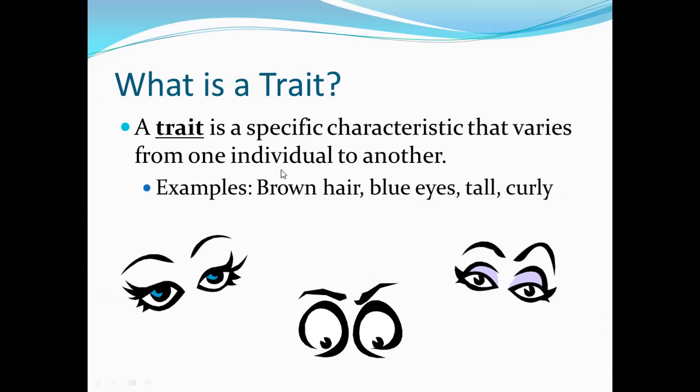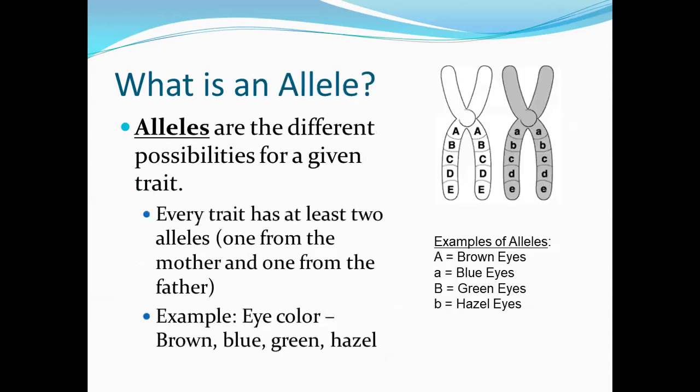For example, brown hair, blue eyes, tall, curly, all those are traits. Okay. And once we understood traits, we need to know the difference between allele, genes, and so on.